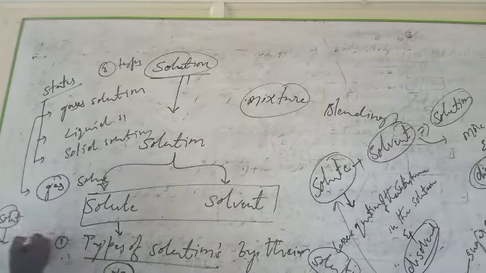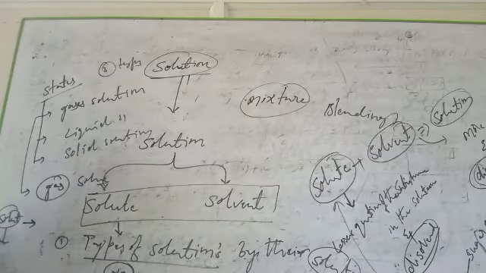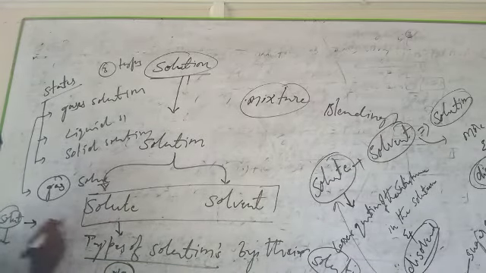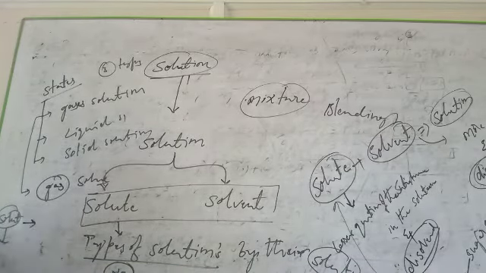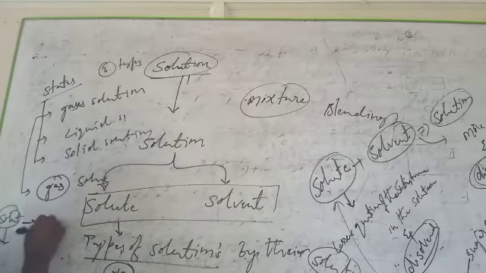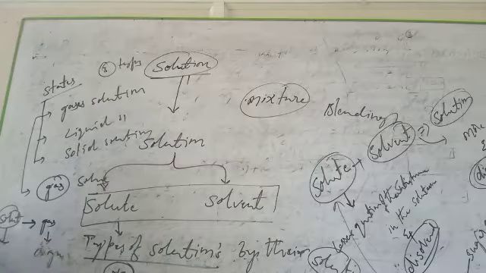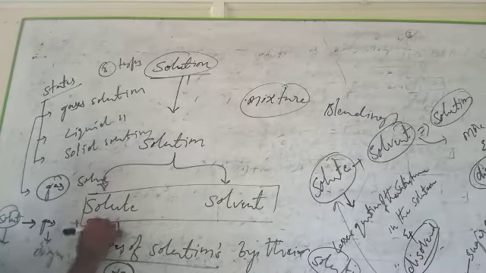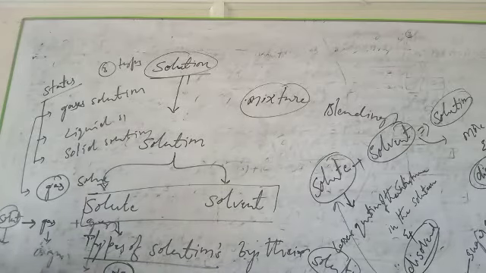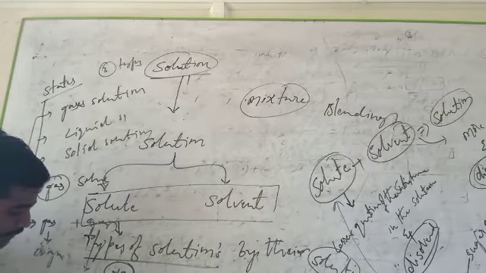Suppose, for example, the solute taken is a gas like oxygen, and the solvent must be a gas like nitrogen. Oxygen plus nitrogen is given as air.